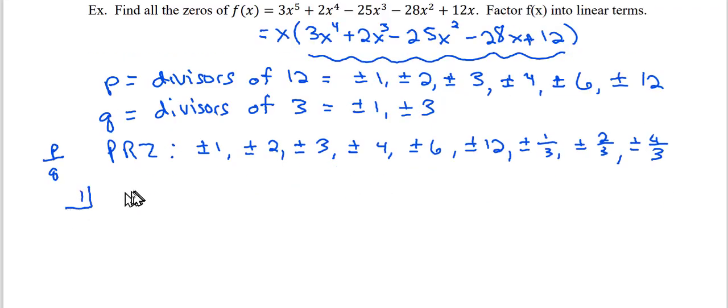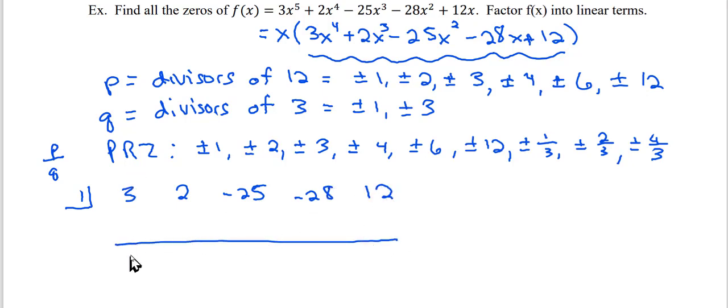Let's try one. And I'm going to focus exclusively on this after the x is pulled out. 3, 2, negative 25, negative 28, and 12. You always want to pull that GCF out first. 3 comes straight down.